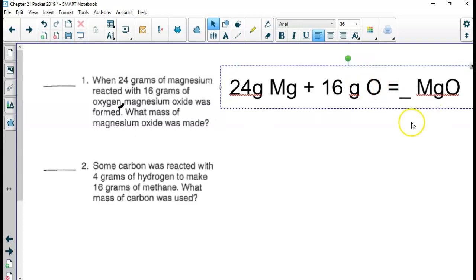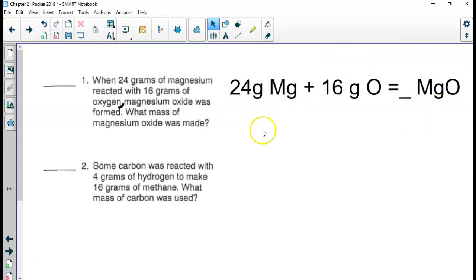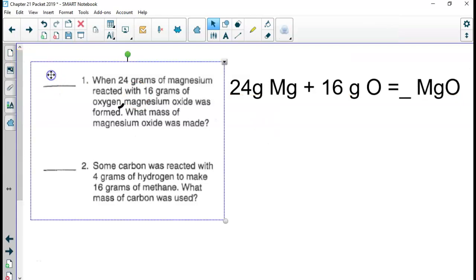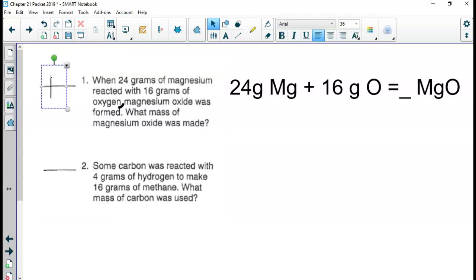Okay, so 24 plus 16 equals how much? Add them together, and I believe 24 plus 16 is going to give me 38, not 38. Miss Wendt, what are you doing? It's going to give us 40 grams altogether that must have made magnesium oxide.